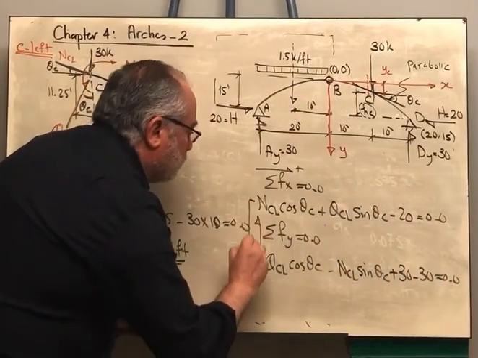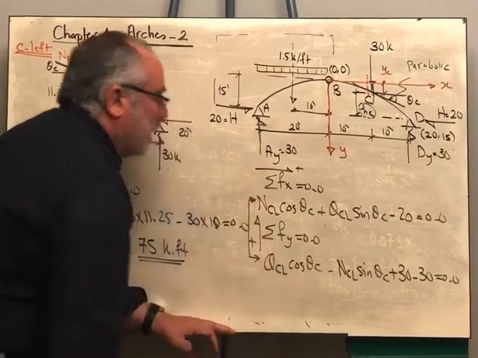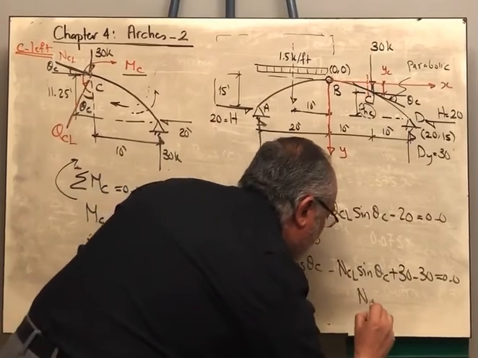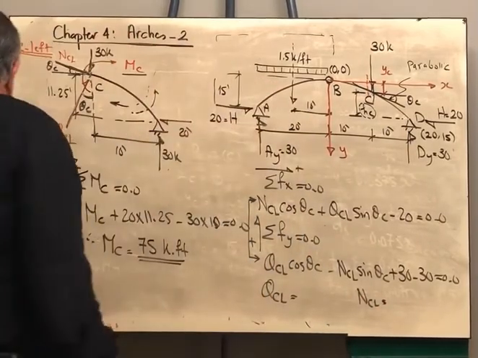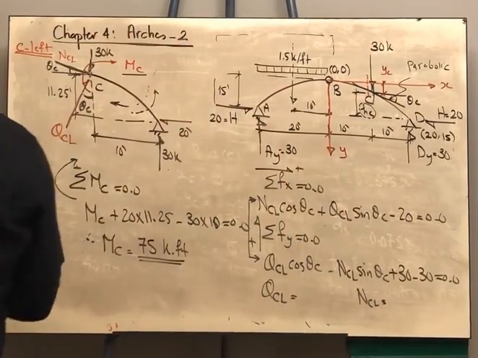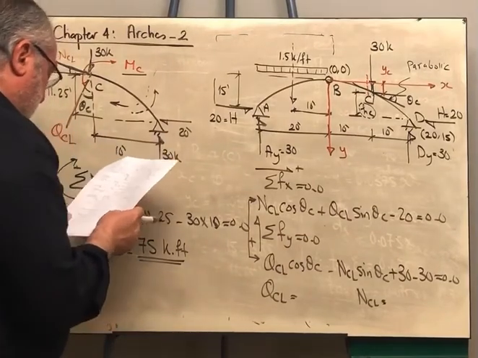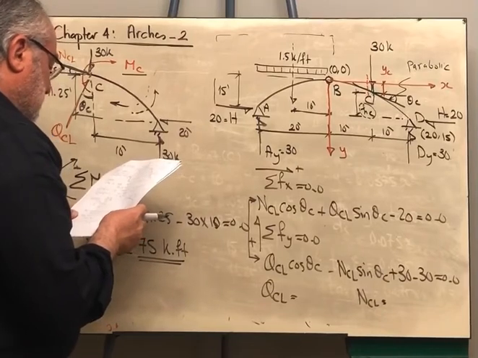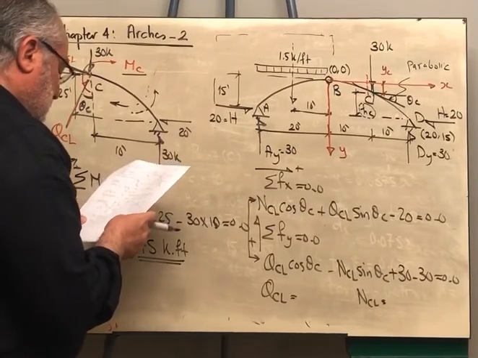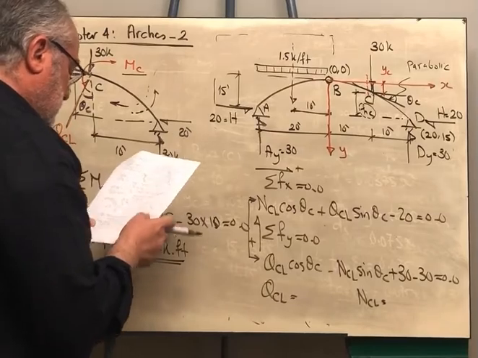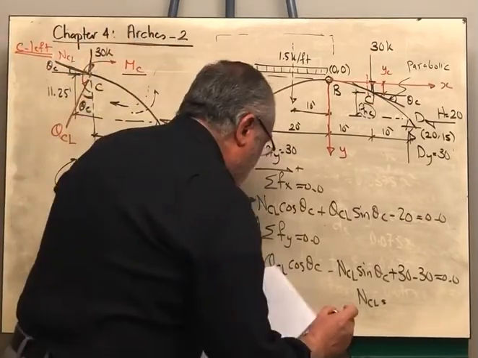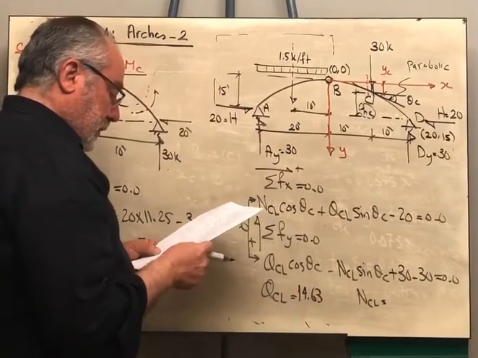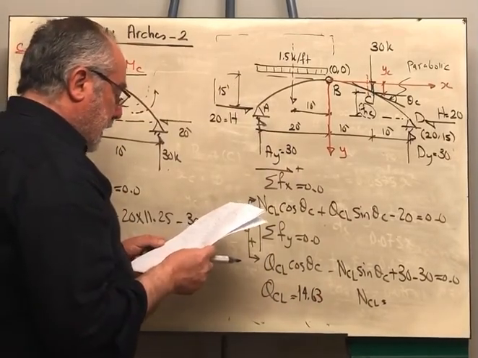Now, you can solve two equations in two unknowns, and you can get the value of the shear and the normal force at point C left. If you did that, this will be 14.63, and we can calculate this value.